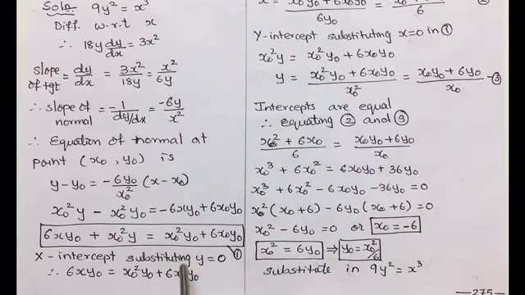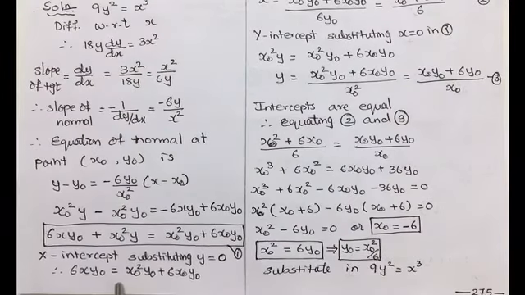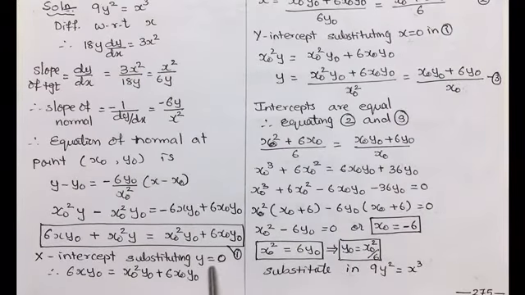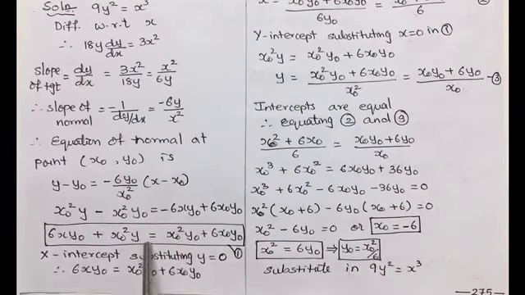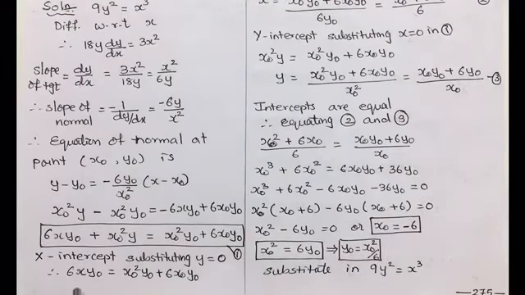Now as it is said that it cuts equal intercepts on the axes, we will calculate the x-intercept. This is the equation of the normal. From the equation of the normal, we calculate the x-intercept by keeping y equal to 0 in equation 1. So we get 6x y0 is equal to x0 square y0 plus 6x0 y0.